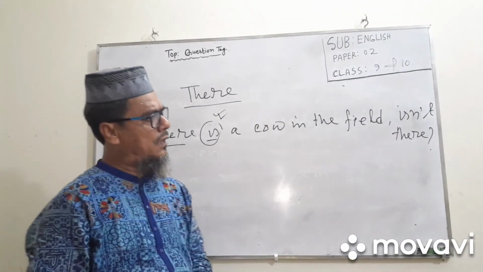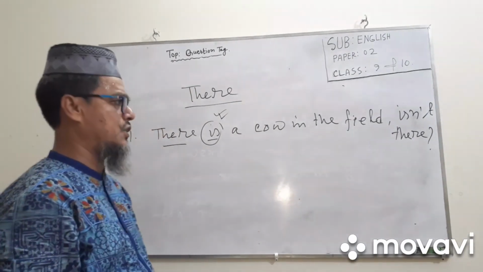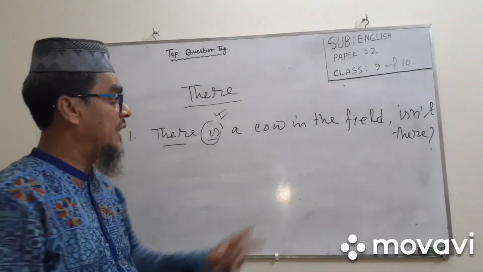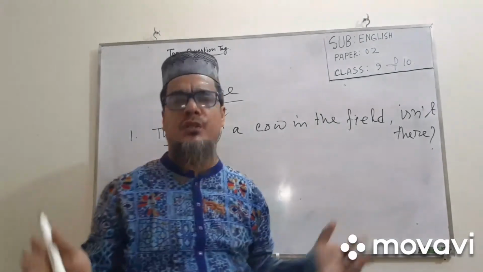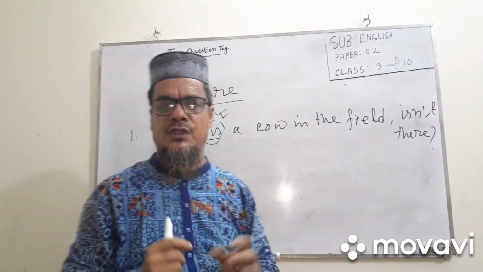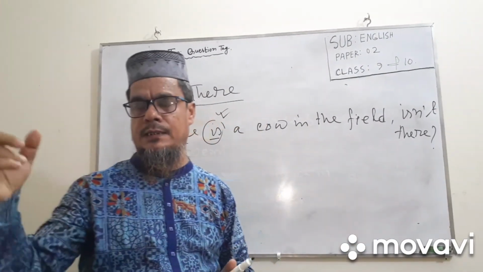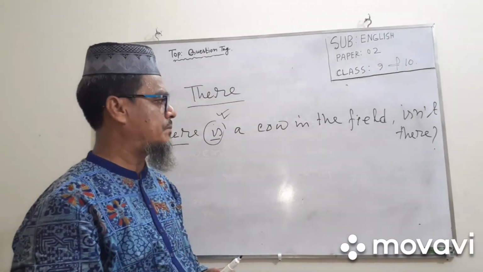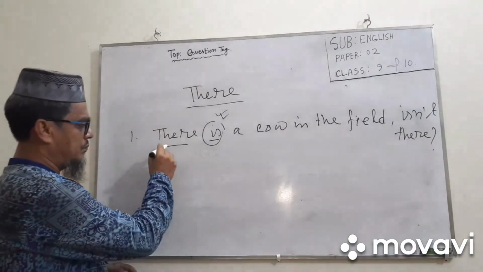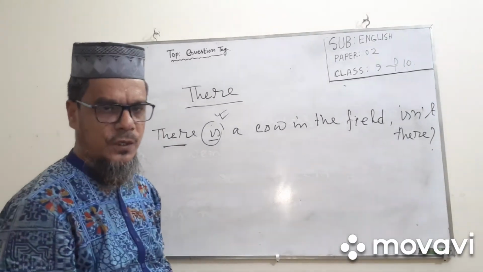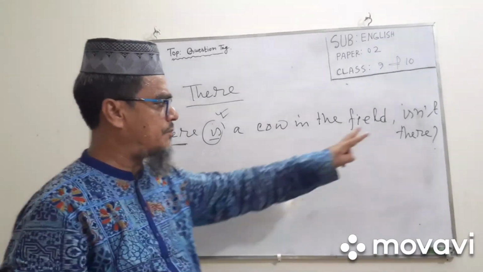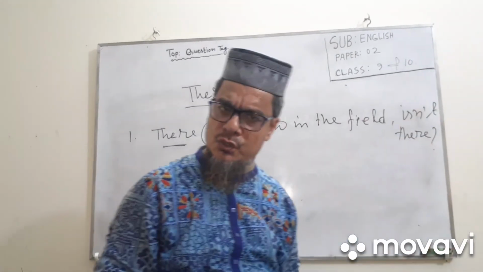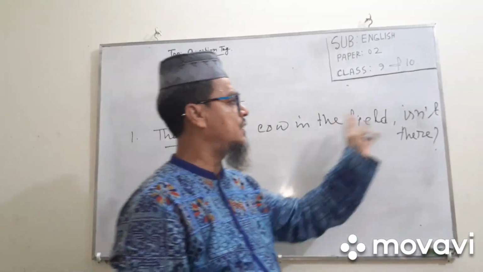Understood? I hope that you better understand, because here we can't use a subject such as he, she, etc. If there, that means introductory there, in the tag part we must use there, isn't there.